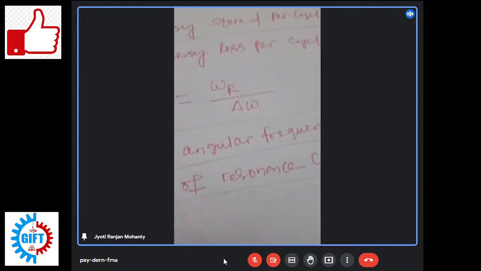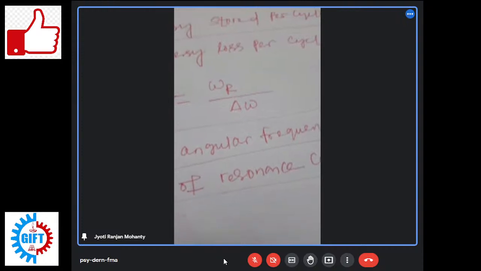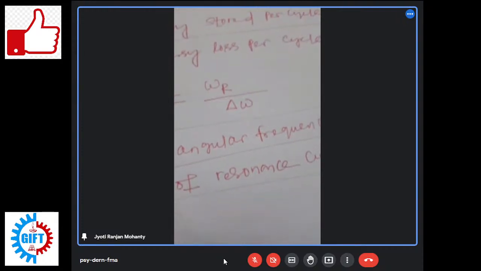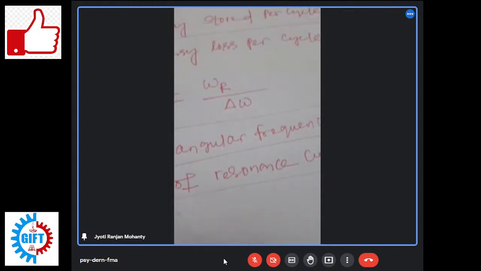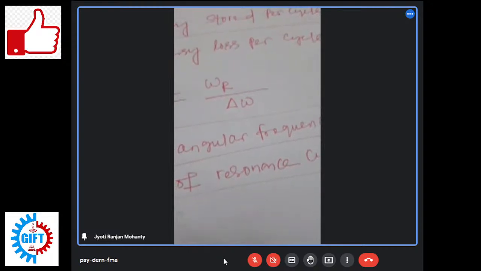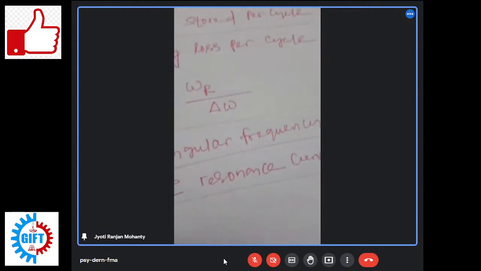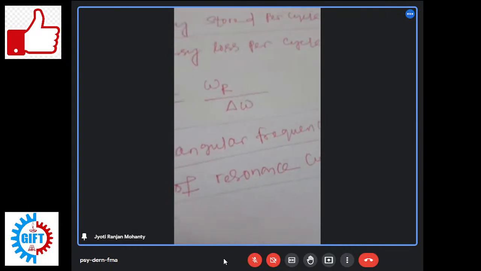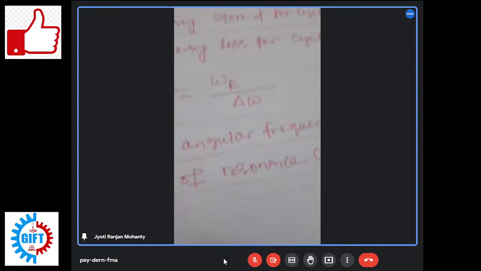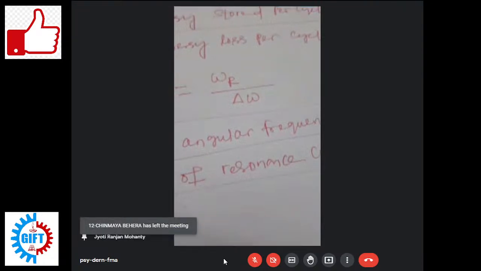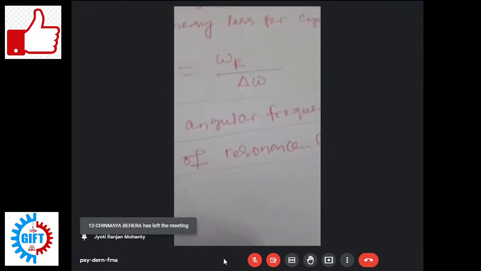Read the quality factor once. It is a measure of sharpness of the resonance.